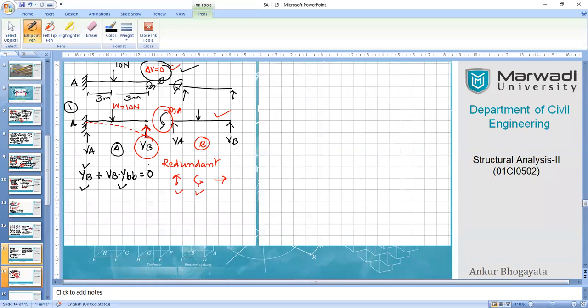Here we are again using the principle of superposition. One by one you apply the forces. In the first case you apply only the external load by removing the redundant. In the second case you apply only the redundant by removing the external force. Later you can combine them by means of this requirement. This is the requirement for consistent deformation, stability at point B.